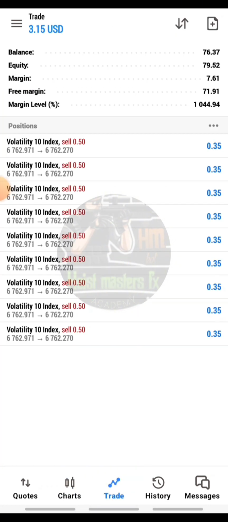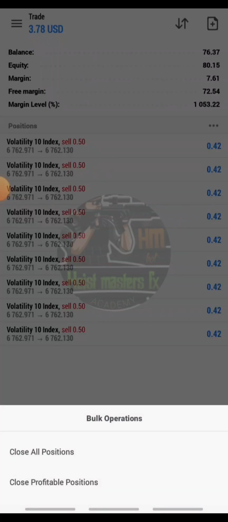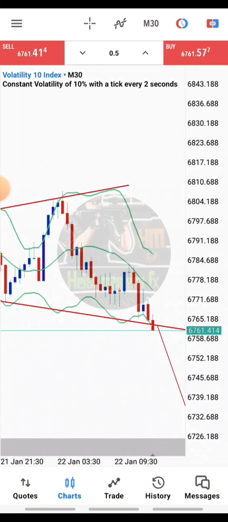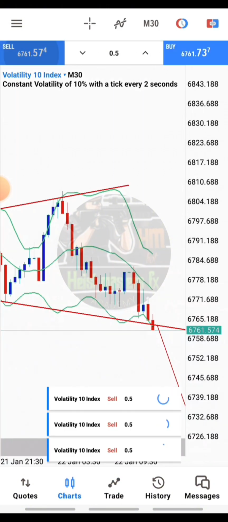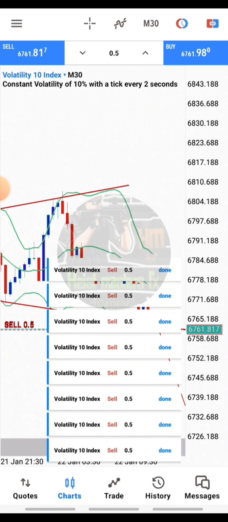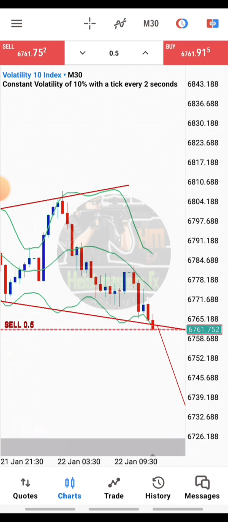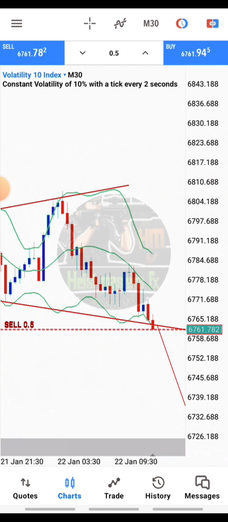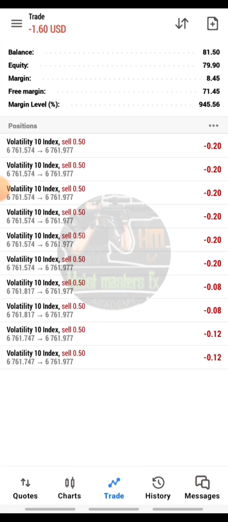Now we are at 76. I'm forcing this trade until we hit 100. That is when I can stop it, and then come back with part 2 of how to hold the market without a lot of this scalping, opening and closing the trades as quickly as possible.